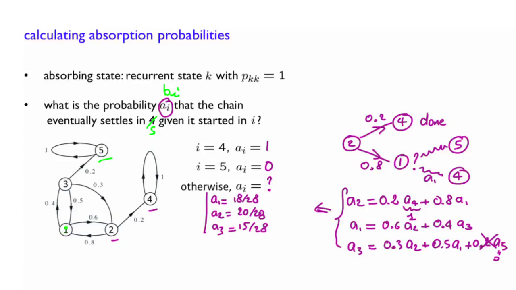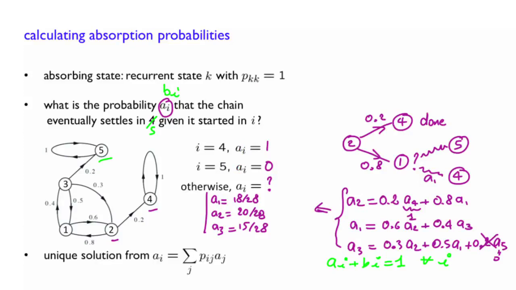For any state I, given that you started in I, you will eventually with probability 1 end up in either 4 or 5. So you have A of I plus B of I equals 1 for all possible I. So once you have calculated A1, A2, A3, A4 and A5, you get B1, B2, B3, B4 and B5 by using this formula.